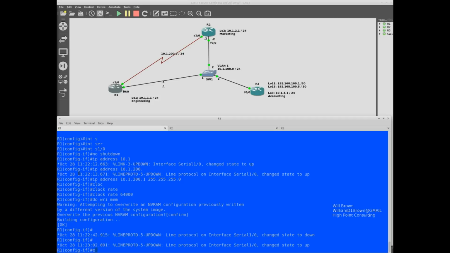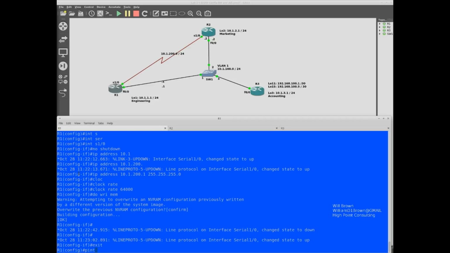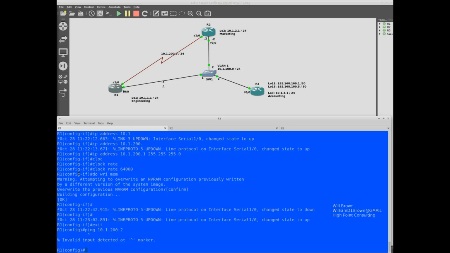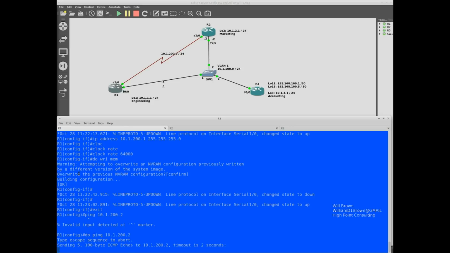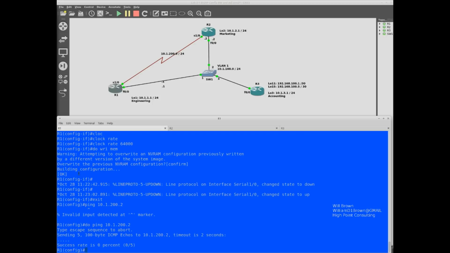Let's make sure that we've got that same connectivity from router 1 to router 2, 10.1.200.2.